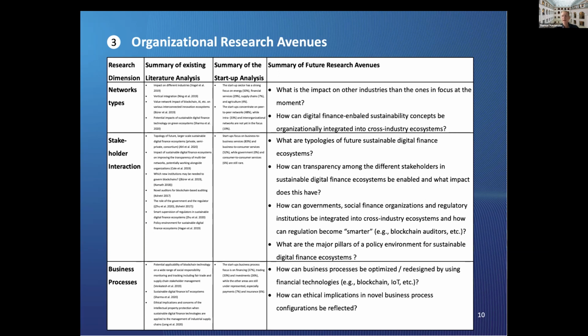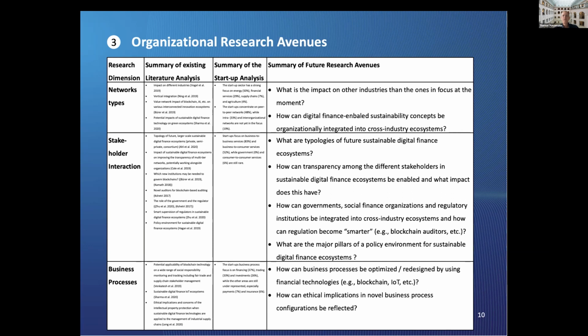Think of RegTech solutions, for example. One strong trend in this sustainable digital finance field is also to provide, for example, green RegTech tools, blockchain auditors, or something like that. This is not something we can see at the moment. So this whole policy environment is something that will emerge.